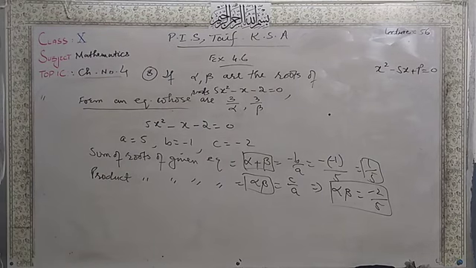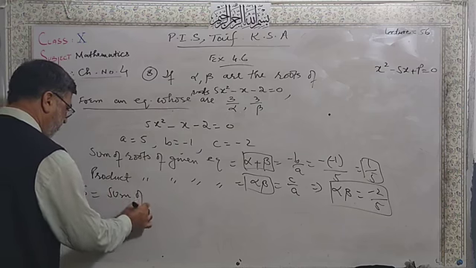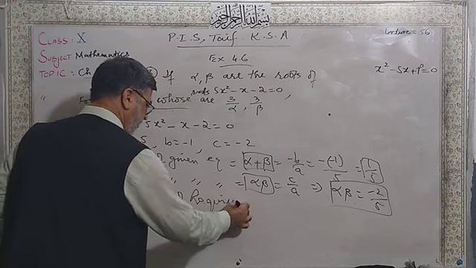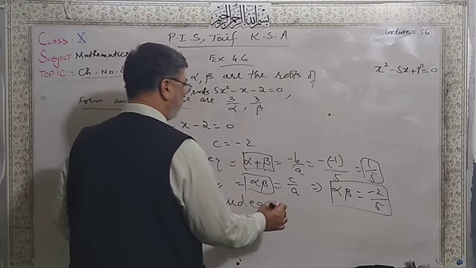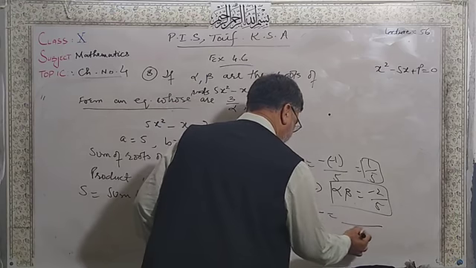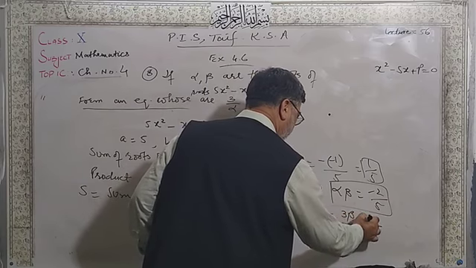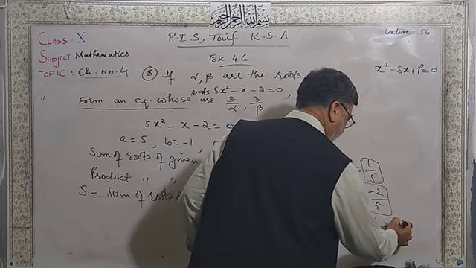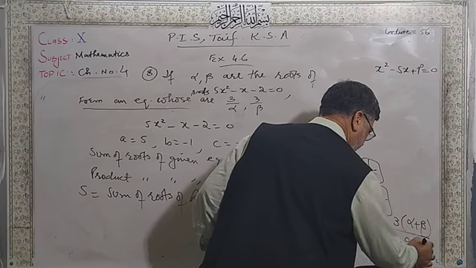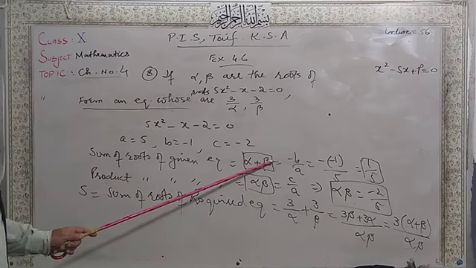Minus 2 over 5. Now we will take S is equal to sum of roots of required equation, which is 3 over alpha plus 3 over beta. Take LCM as alpha beta, so we will have 3 beta plus 3 alpha. Take 3 common, alpha plus beta over alpha beta. Now we can use the values of alpha plus beta and alpha beta.